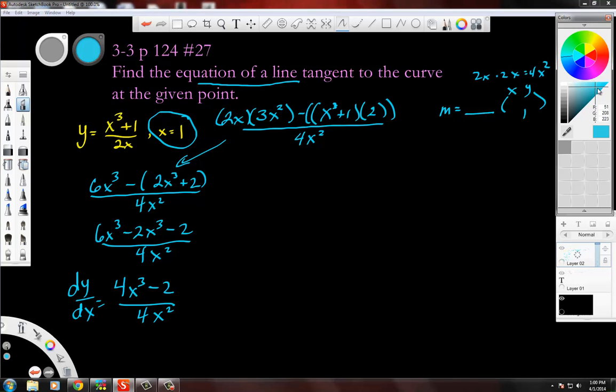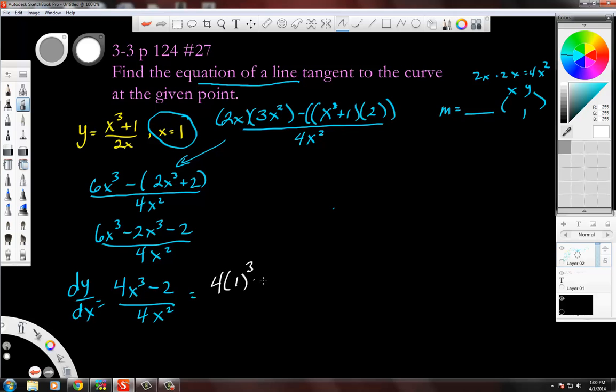So I need to plug in 1 into this. All right, so now I'm going to evaluate this thing at 1. Did I say -1? It's +1. So here's 1.